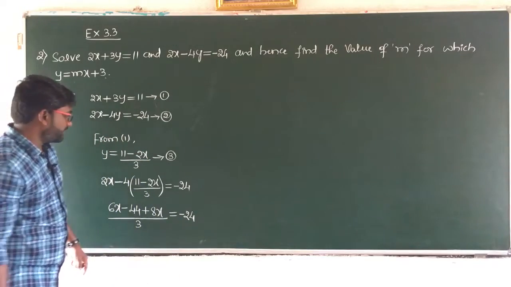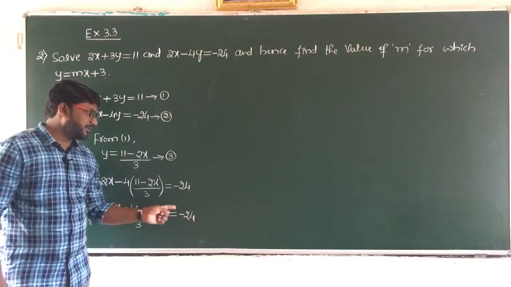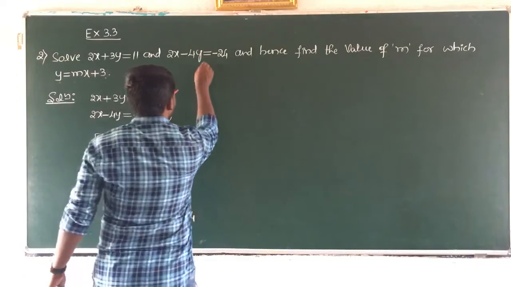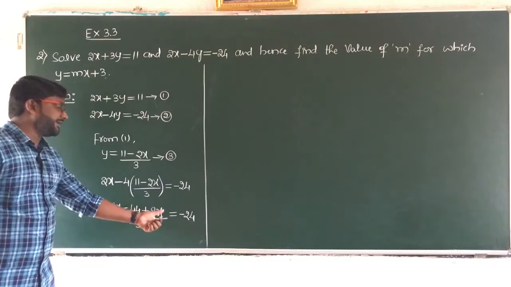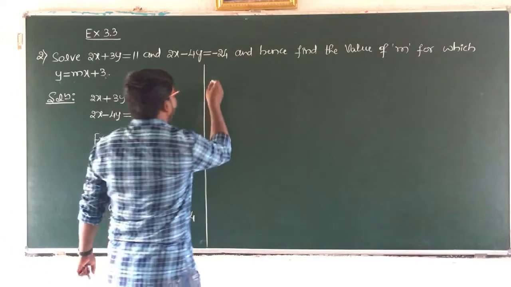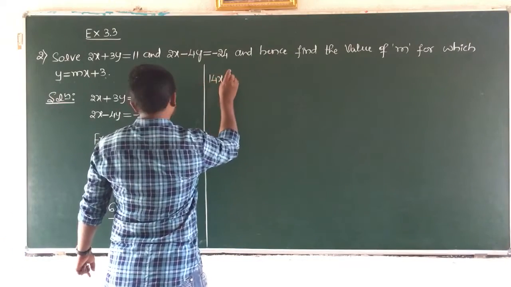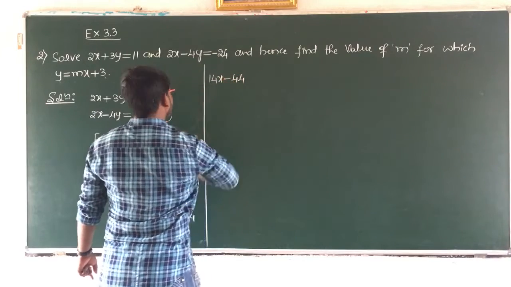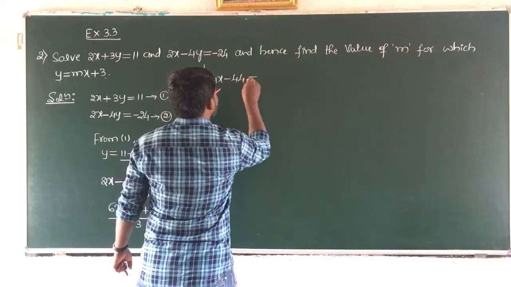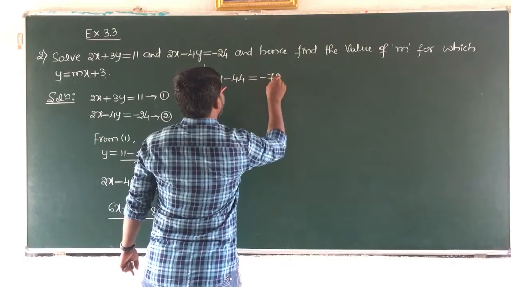So now take 3 to the RHS, it will be multiplied with minus 24. So see here, 6x plus 8x will give us 14x. So 14x minus 44, which is equal to minus 72.